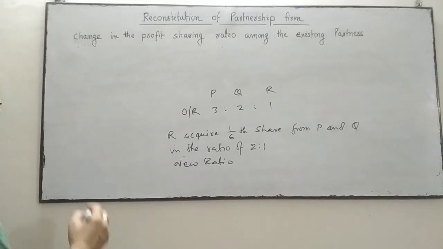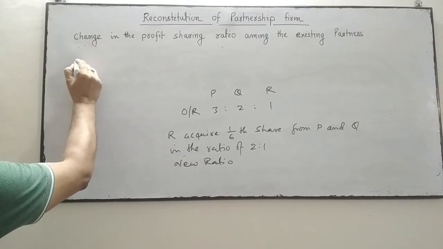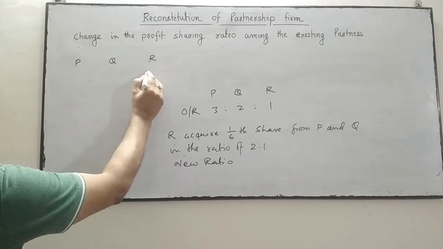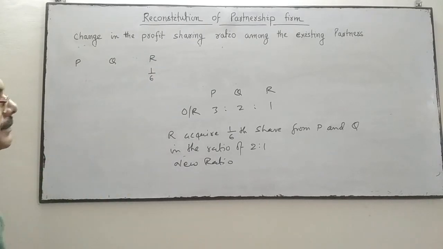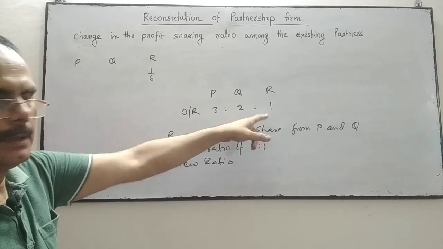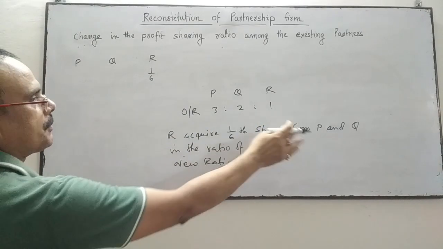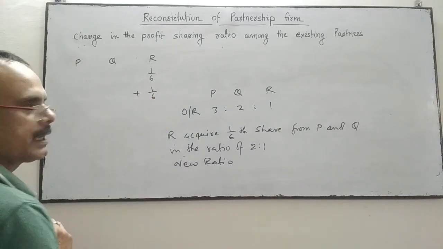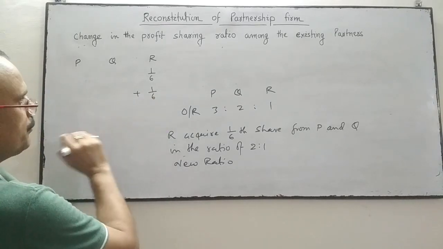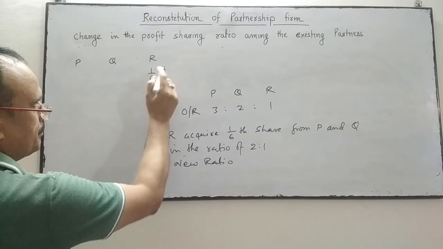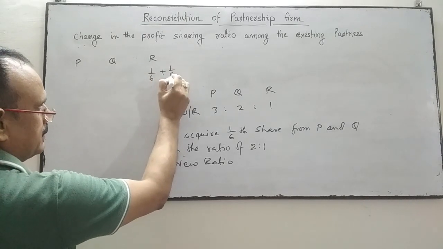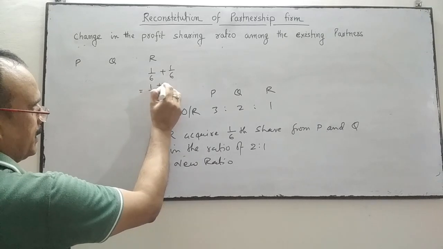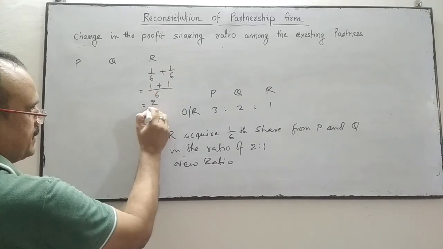Now P, Q and R. R's share is 1/6 old. He has acquired 1/6 from P and Q, so we will add 1/6 here also in R's share. So total will be 1/6 plus 1/6 is equal to 2/6.